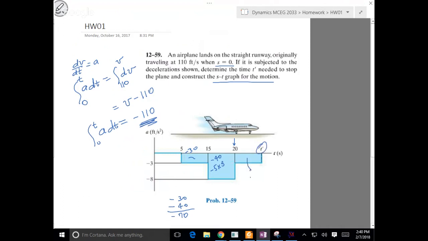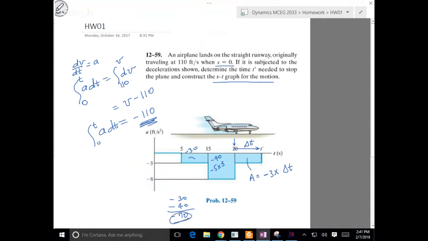Okay, this area is equal to minus 3 times T prime minus 20. Or how about we do it this way? I'll say delta T, and this will be my delta T from here to here. I'll call this time delta T. That way it's easier for me to figure out.